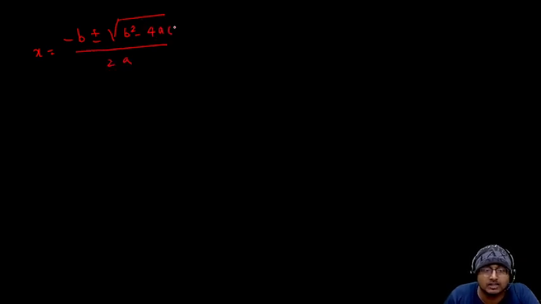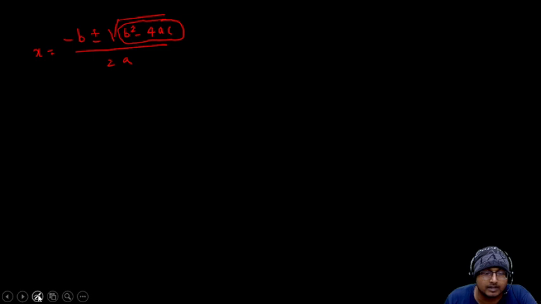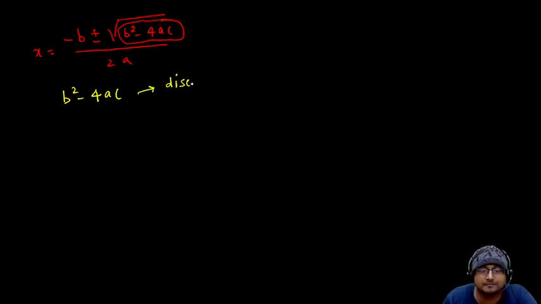The part present under the root, b square minus 4ac, is called the discriminant. We call it D. D is equal to b square minus 4ac.